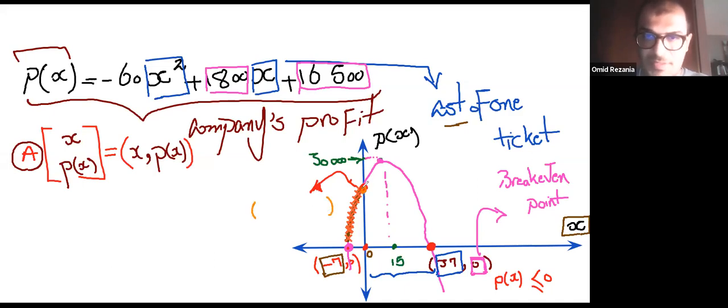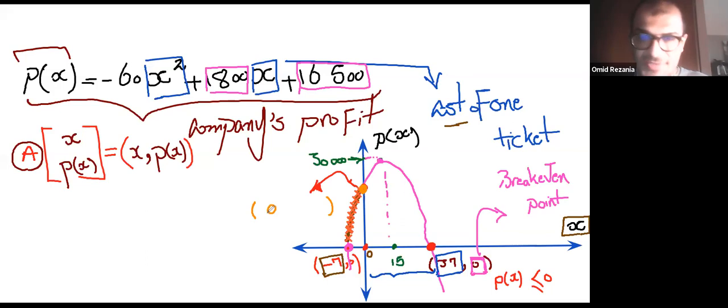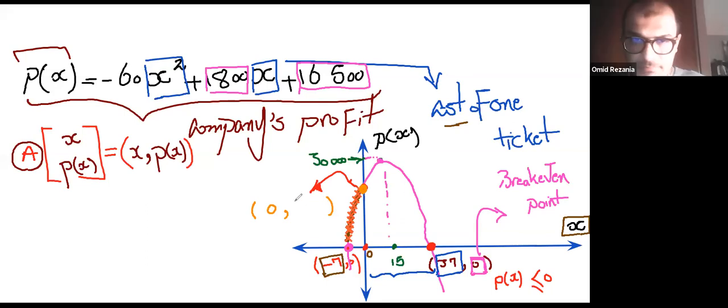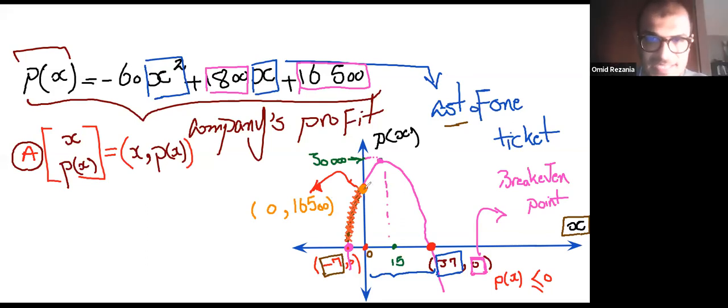What is this point? Zero on the X? Yes, X is 0. Y is 16,500. Fantastic, that's correct, because that's going to be our intercept.